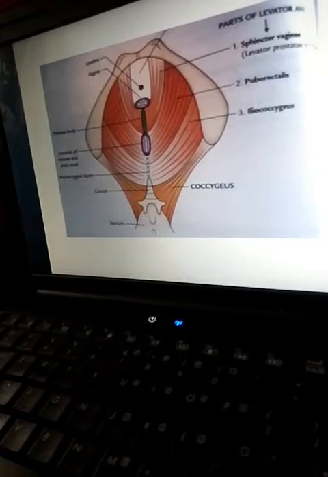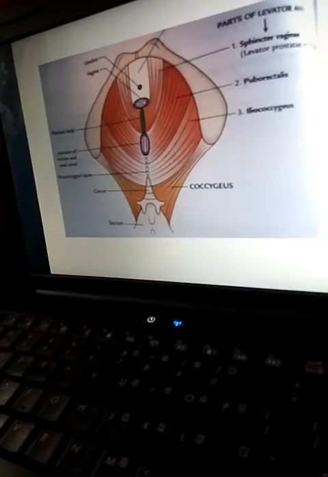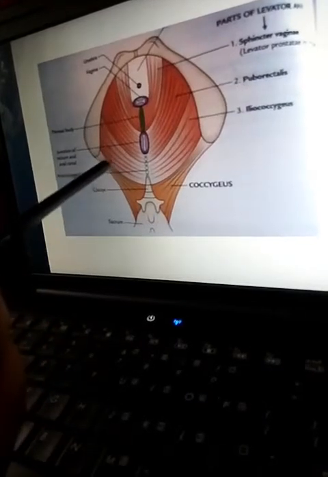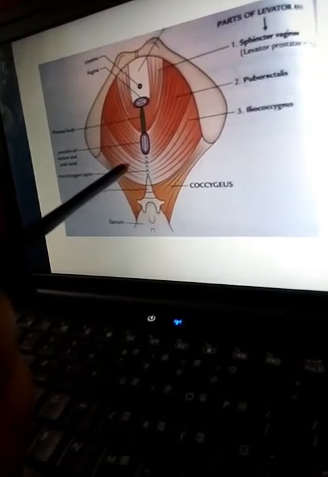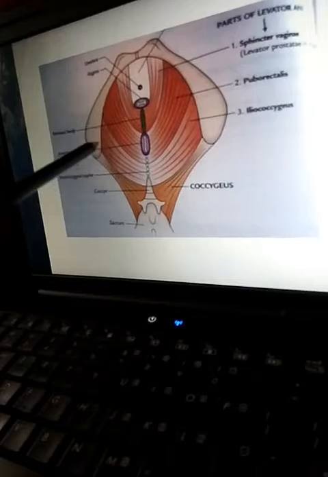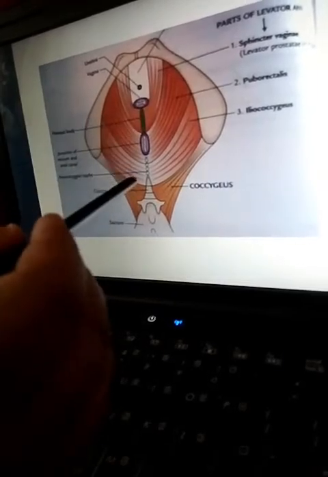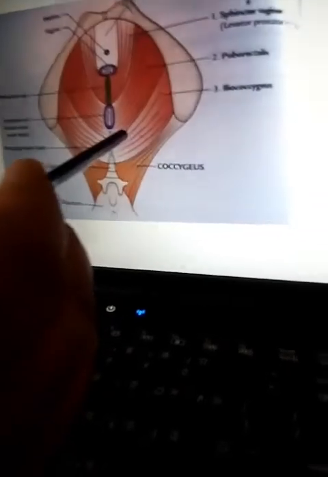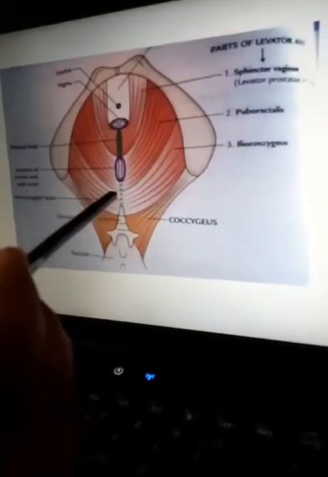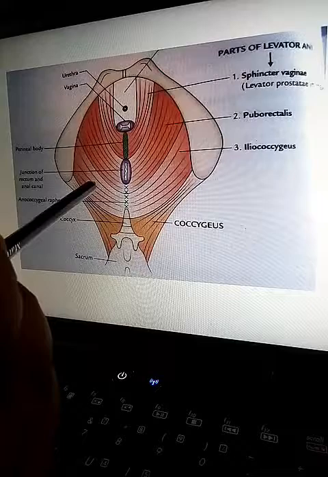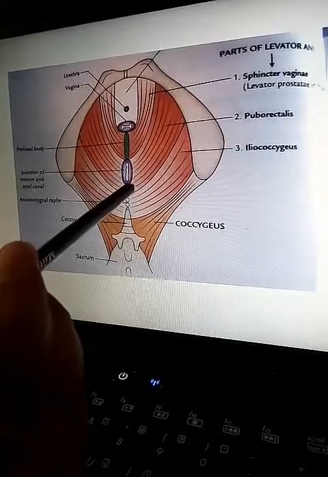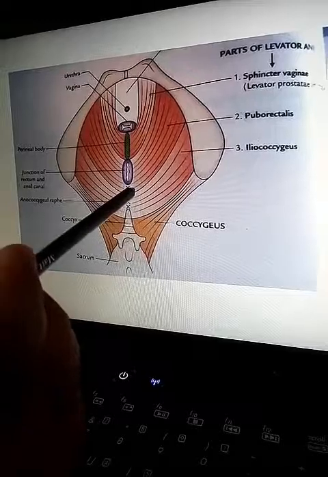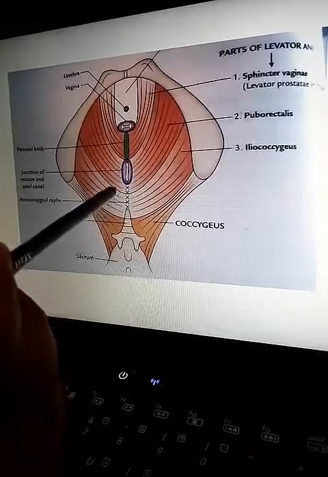This levator ani muscle is supplied by the perineal branch of the fourth sacral nerve and the perineal branch of the pudendal nerve. The levator ani muscles of the two sides together support the pelvic viscera and resist the intra-abdominal pressure during straining and expulsive efforts of the anterior abdominal muscles.